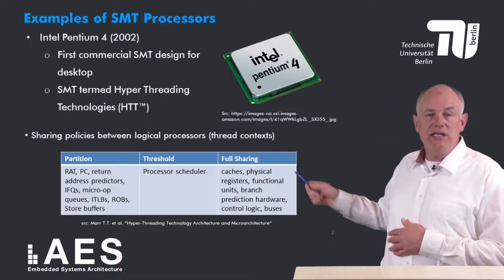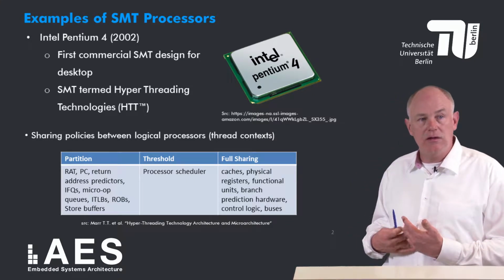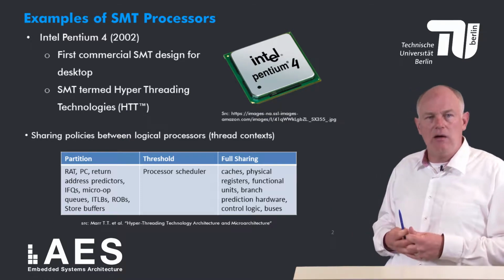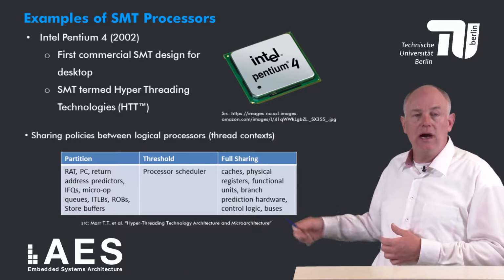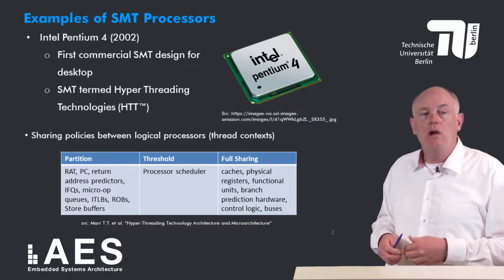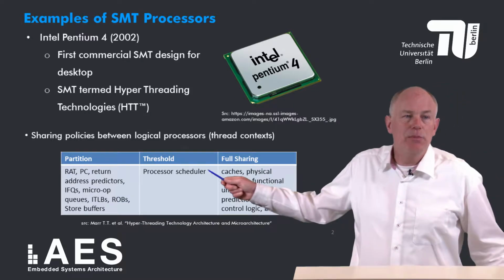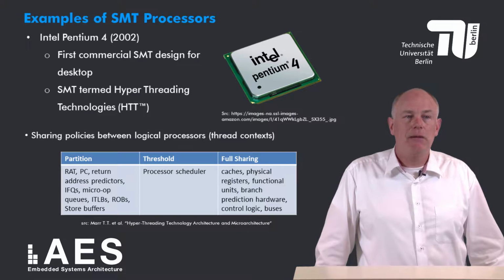The physical registers are shared between the different hardware thread contexts. The functional units, obviously, that's the whole idea of simultaneous multi-threading. Also the branch prediction hardware and the control logic and the buses. The branch prediction hardware, yes, but not the return address predictors, because that's thread dependent.